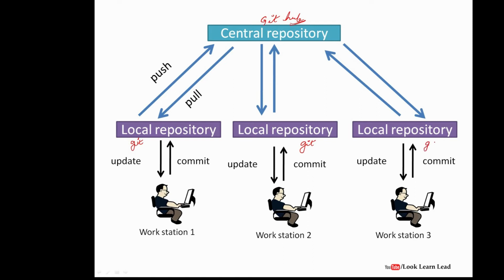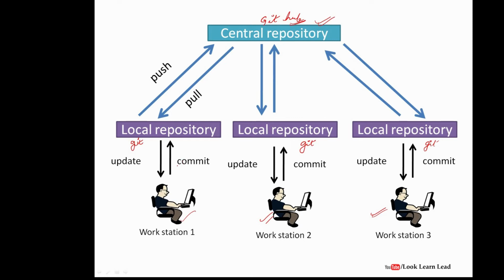Here what would happen is, the persons sitting at the workstations would all have Git installed in the system, and they would make the changes locally. They would update and commit the changes locally. All 3 of them would update the file, commit the file, and then they would push the changes to the central repository, that is GitHub. Suppose the person at workstation 1 has pushed the changes to the central repository.